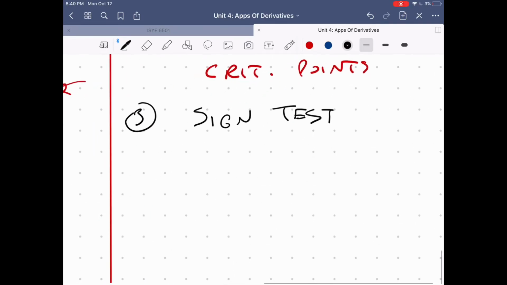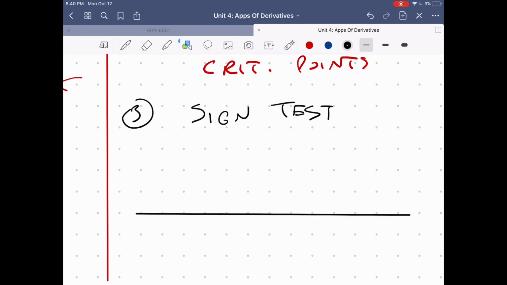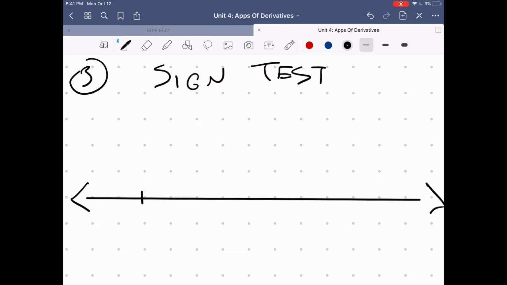So step 3 is we want to do a sign test on those 3 critical points. So we draw a number line, and on that number line we want to plot each of those 3 critical points, negative 5, 0, positive 5. I'll put the negative 5 on the left, positive 5 on the right, 0 goes in the middle.